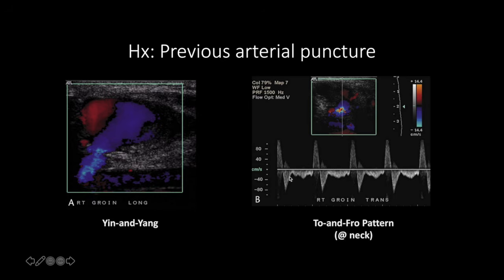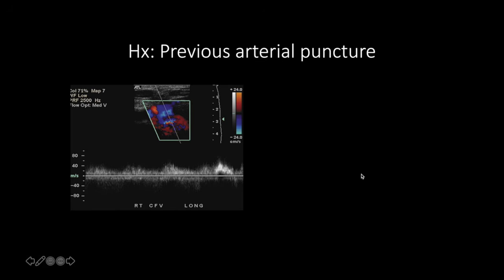That refers to blood going first into the pseudoaneurysm sac and then out of the sac: in systole into the sac and in diastole out of the sac. So that's the classic to and fro pattern that we see at the neck in pseudoaneurysms, and those are the two classic signs that you're going to look for on a Doppler interrogation to diagnose a pseudoaneurysm.